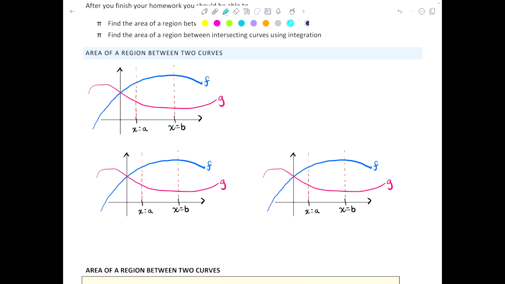So here, the area region that we're after is the one that's bound in between these four graphs, the two vertical lines, and the functions f and g.